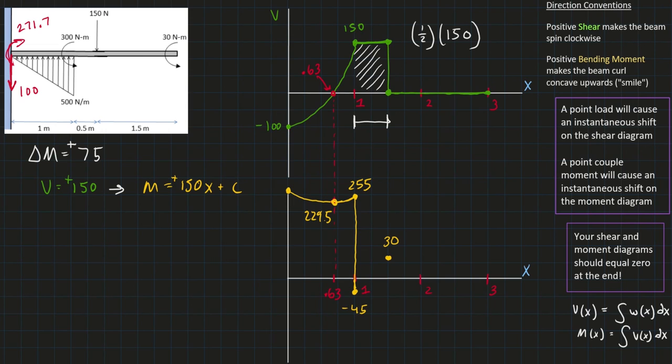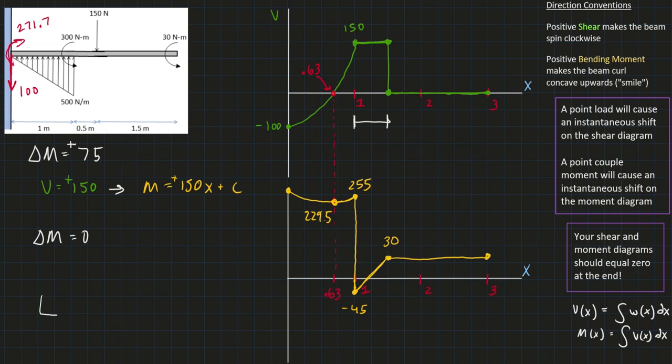This is just going to be a line, a straight line connecting these two things. And from there, my v is 0, so there is no area underneath this curve, which means my change in my moment for that will equal 0. So my moment is not going to change.